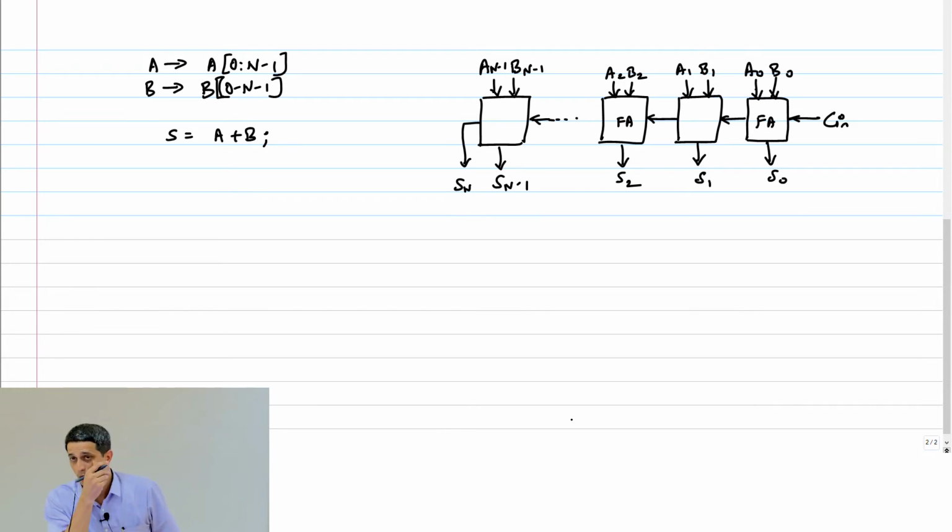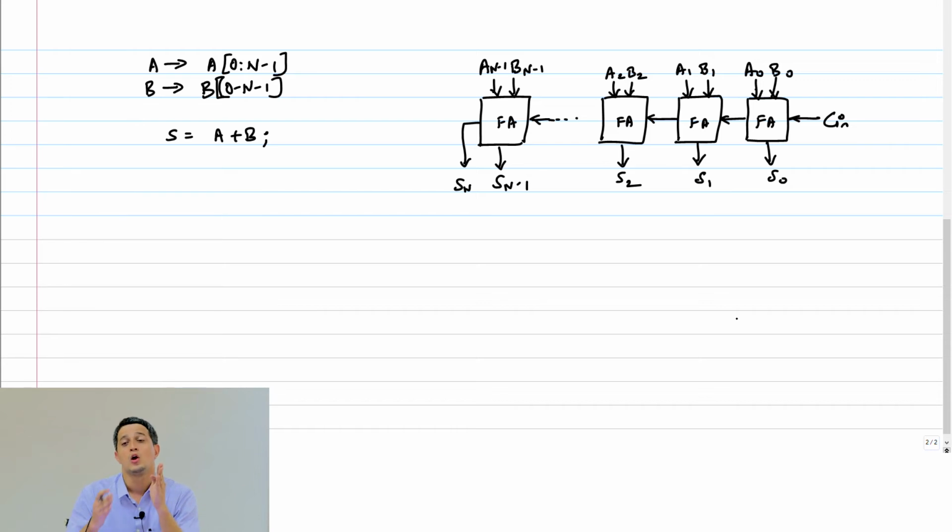So now you look at what happens to the arrival times. This is something we did last class, right? This static timing analysis of propagating signals. Let's assume for now that the carry out generation takes 1 unit of time. Sum generation takes 2 units of time. So first of all, what's the arrival time of all the n bits, A and B? They are all 0.